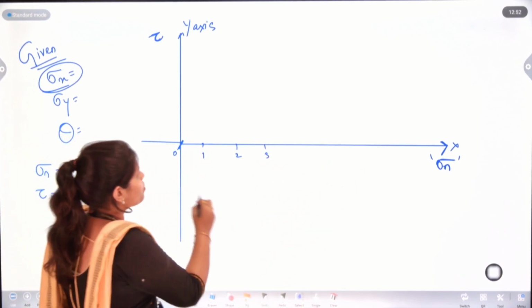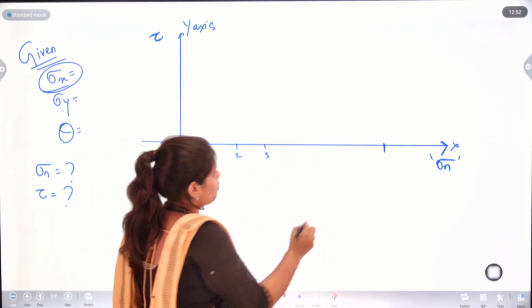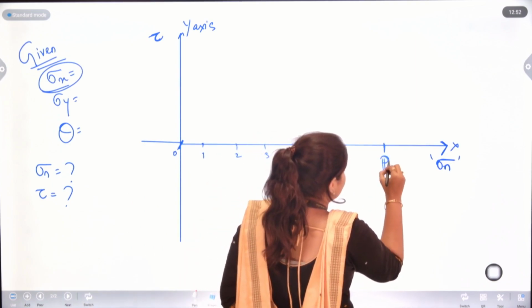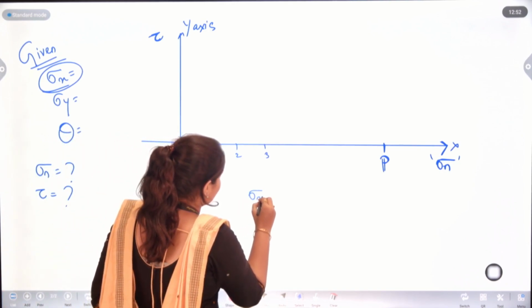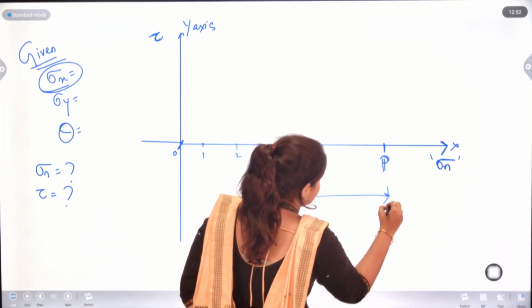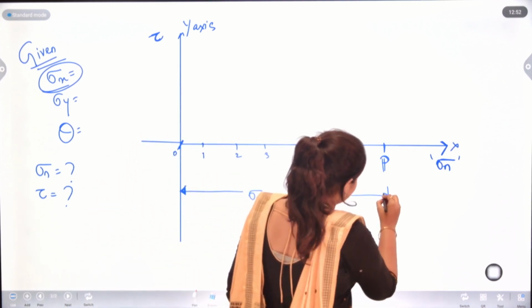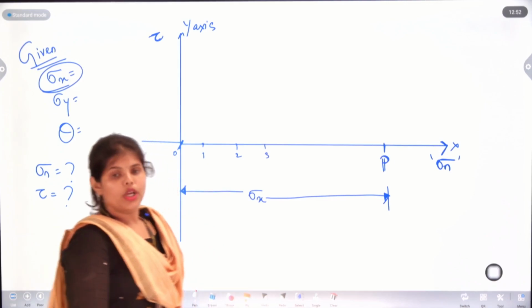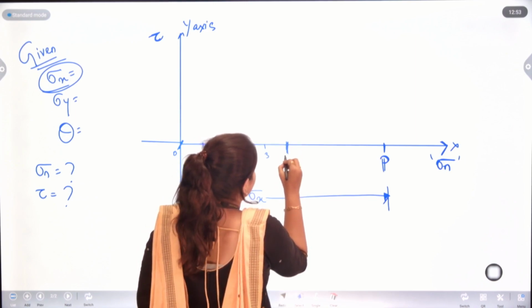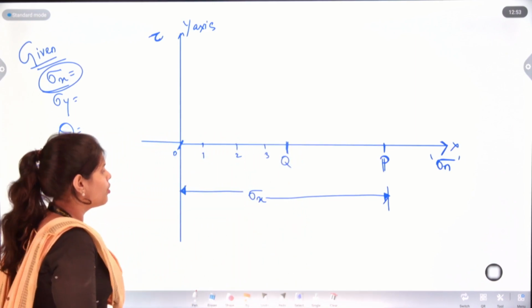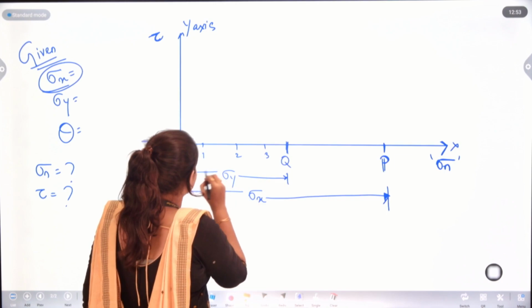First we take sigma x up to this point and name it P. Next, we take the sigma y value and name that point Q.